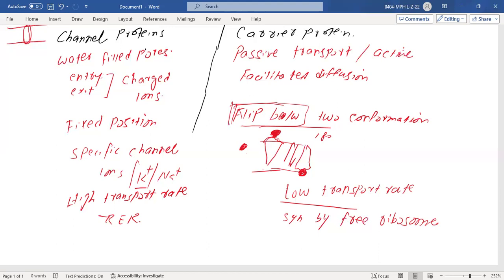One is channel protein, another one is carrier protein. By using these channels and carrier proteins, most of the particles get into the cell or come out of the cell. So this was all about the membrane proteins and their types.